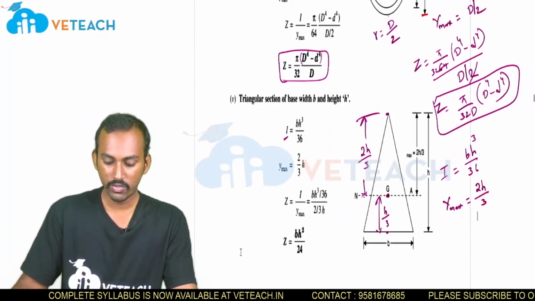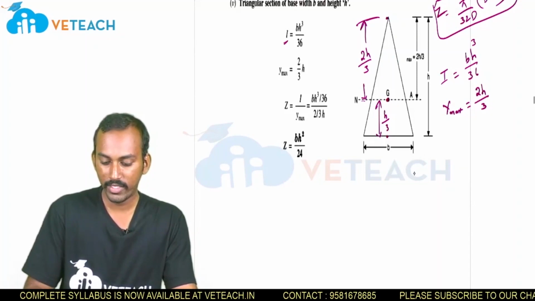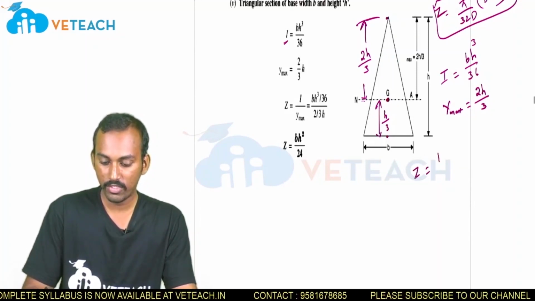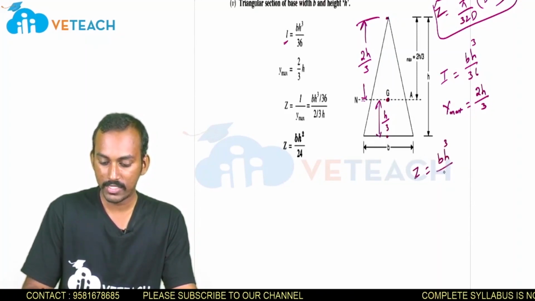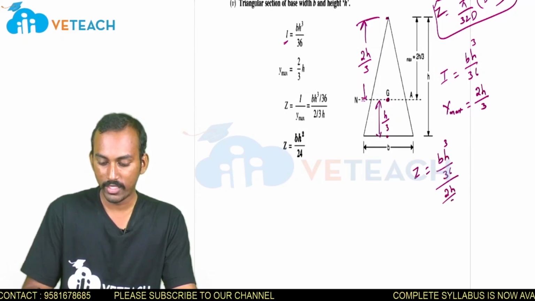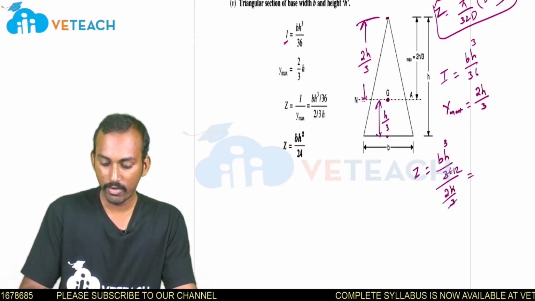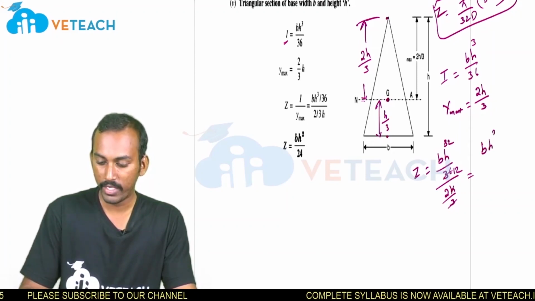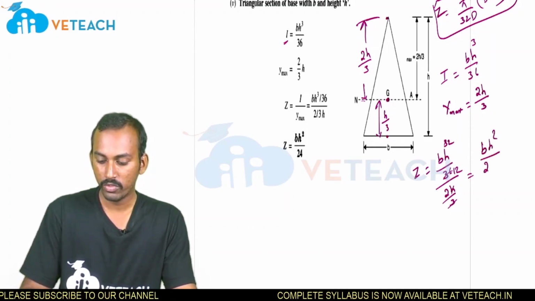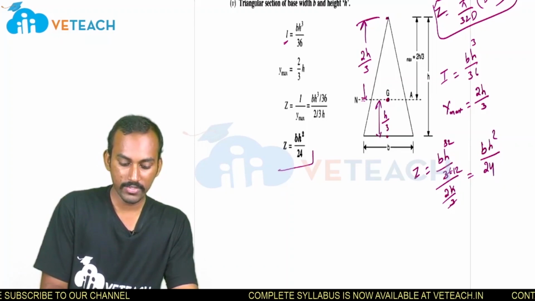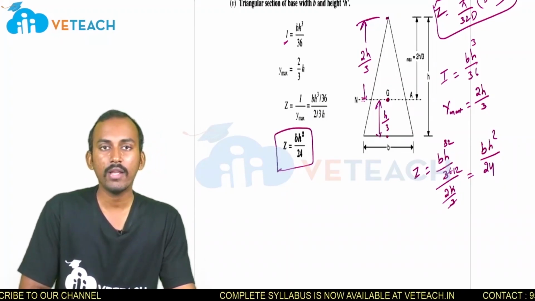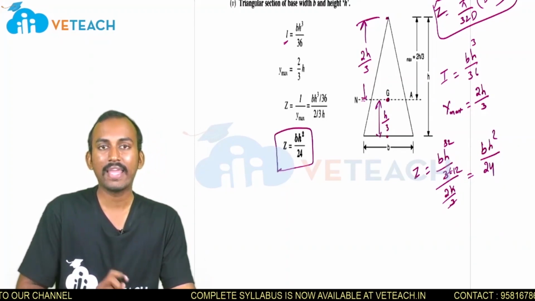Now let's substitute this I and y in the z equation. So z is equal to bh cube by 36 divided by 2h by 3. So ones 12s, so one h will be gone. bh square by 12 into 2, 24. So bh square by 24 will be your section modulus for the triangular section.